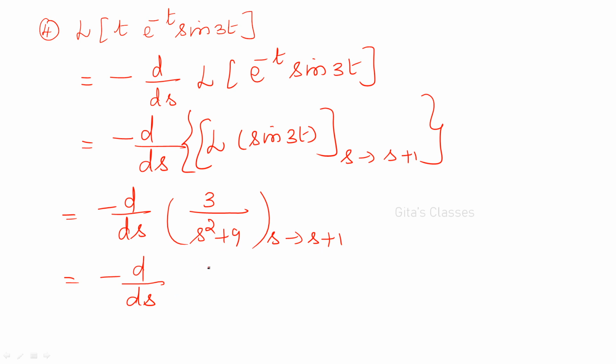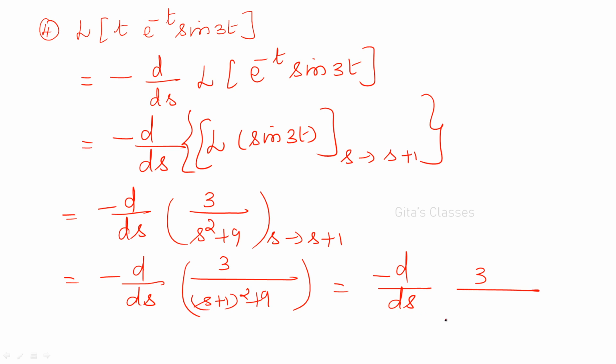So minus d by ds of 3 by s plus 1 the whole squared plus 9. That is minus d by ds of 3 by s squared plus 2s plus 1 plus 9, so 10.